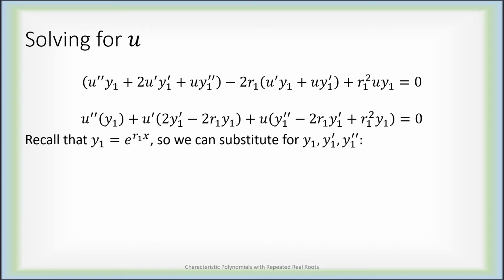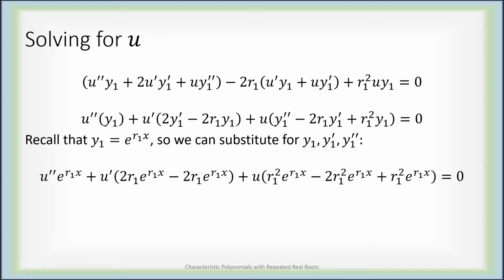But remember that y1 was e to the r1x. So in that last expression, we end up with y1 double prime minus 2r1 y1 prime plus r1 squared y1. And in this intermediate expression, for y1 and y1 prime, we're going to substitute the appropriate terms as well. This looks awful, but it's about to get much, much nicer.